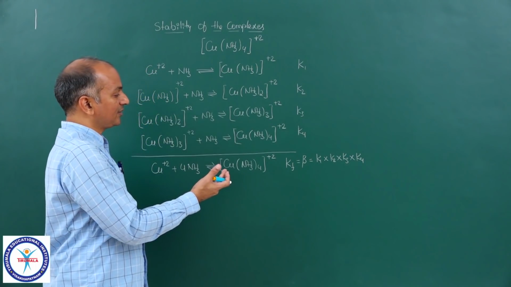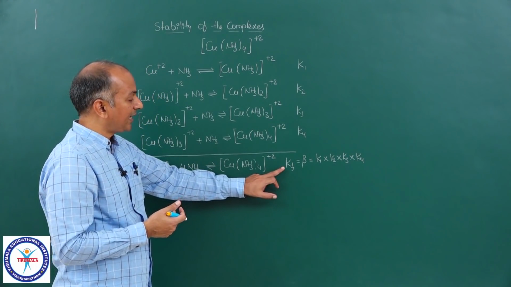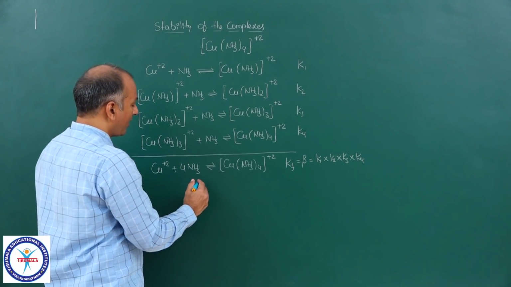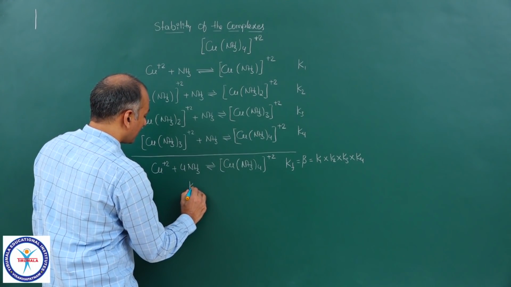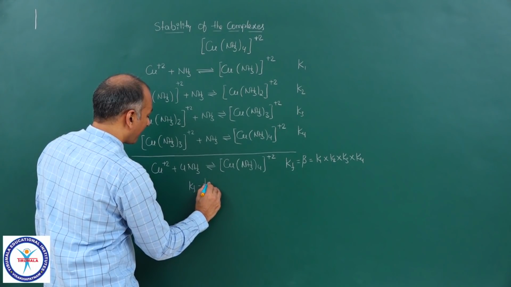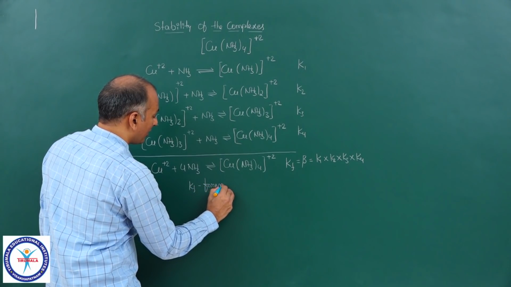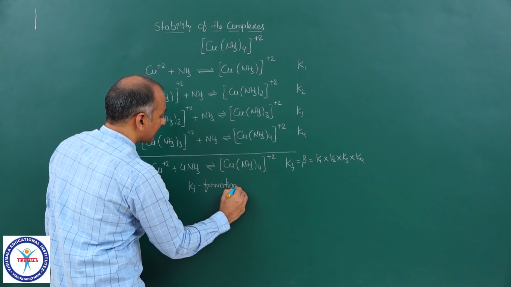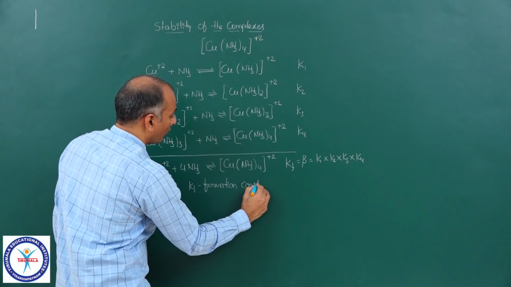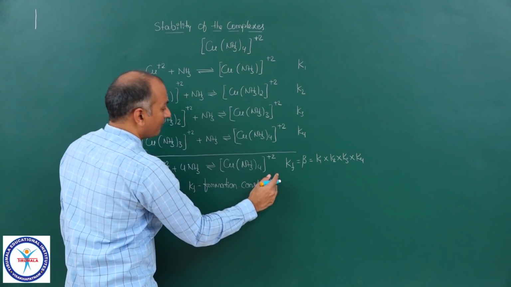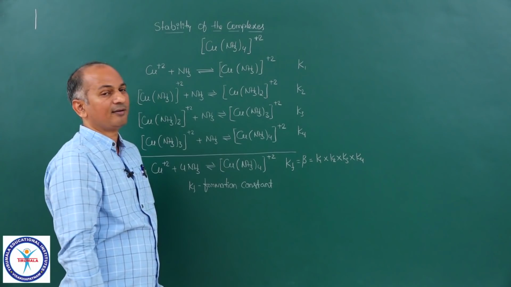So this is one thing. The overall Kf stands for formation constant, the formation constant of the complex. It is the overall equilibrium constant, which is also called beta.